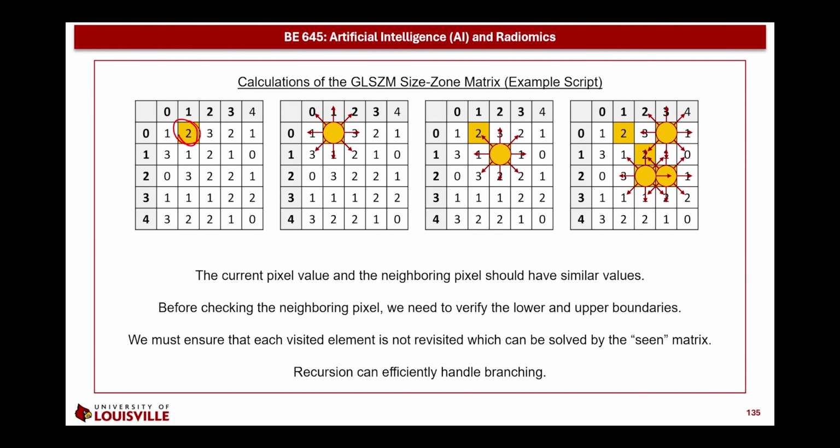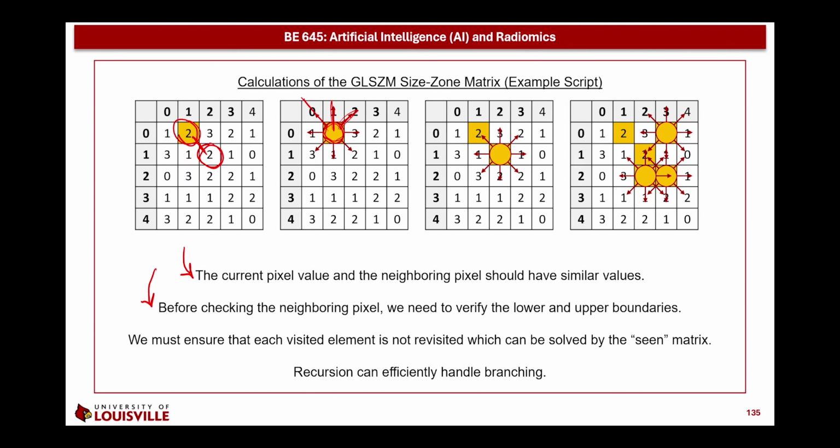So we need to find the neighbor pixel and the current pixel share the same intensity value. So when we select the next pixel or the neighbor, it should be the same value, which is 2 here, as we did in the example. Before doing that, we need to check the boundaries. Why? Because we are here, so we have 4 connections that are outside the boundary.